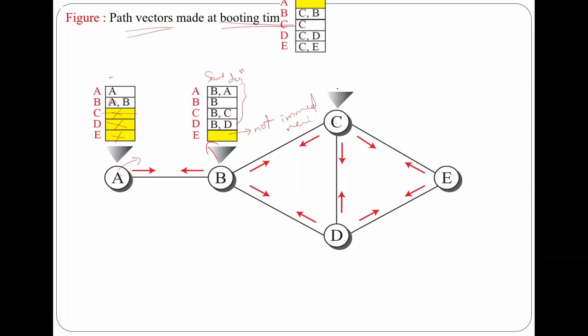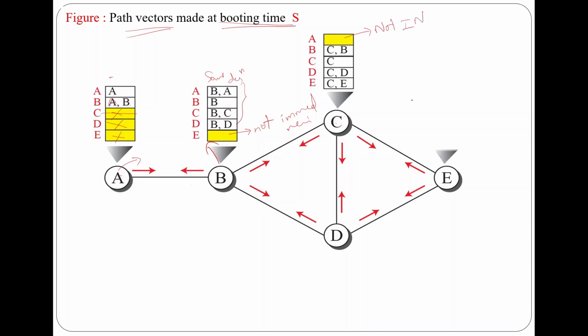Similarly, you can write for C also. For C, A is not an immediate neighbor. For D, what are the immediate neighbors? B and C are the immediate neighbors, and A and E are not. Like that, the path vector table will be filled depending on the source node and destination node.